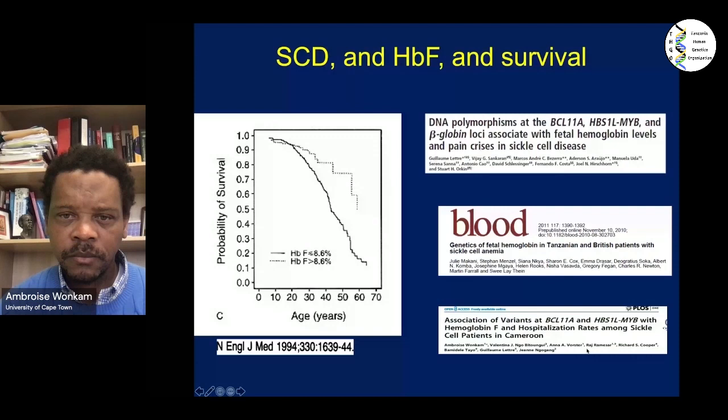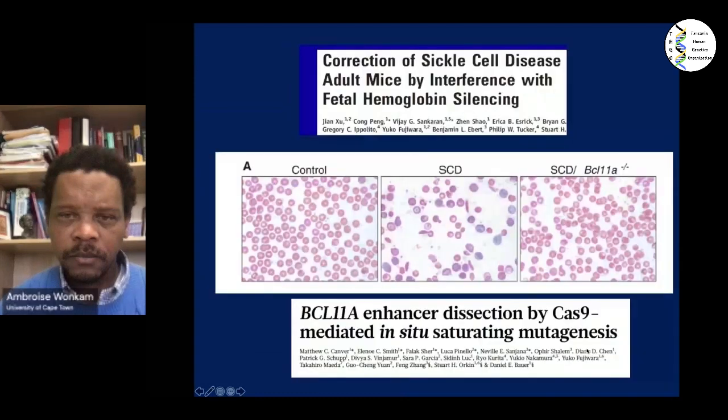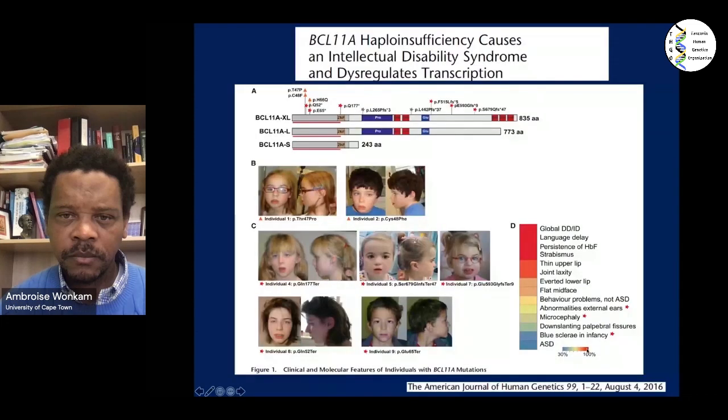And this knowledge has allowed the cure of patients or mice with sickle cell disease by deleting, for example, an important transcriptional repressor, in other words, a gene that stops, that represses the production of fetal hemoglobin. And when that discovery was made, everybody was very enthusiastic, saying that if we stop the expression of that gene BCL11, we're going to cure sickle cell disease.